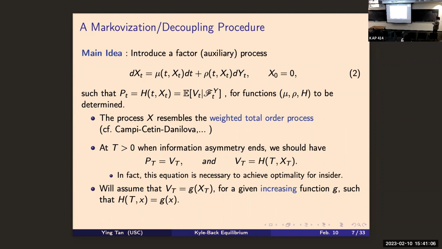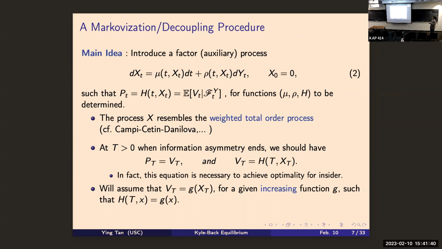We introduce a factor process X, and we want to find deterministic functions mu, rho, and h, such that the market price PT can be represented as h(t, Xt). This is possible because both P and X are functions of the paths of the process Y. So we hope to find the connection between those two functions, giving this relationship between PT and XT.